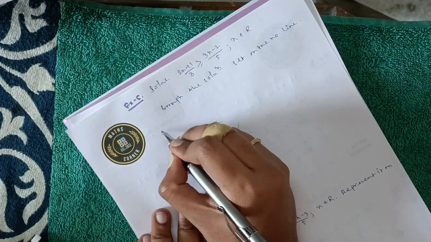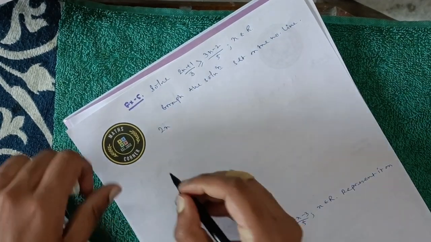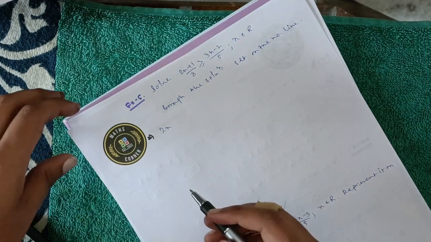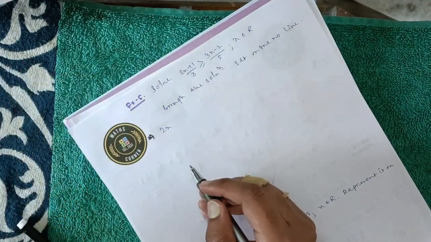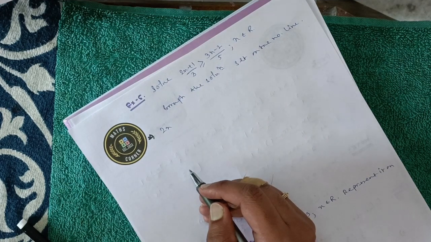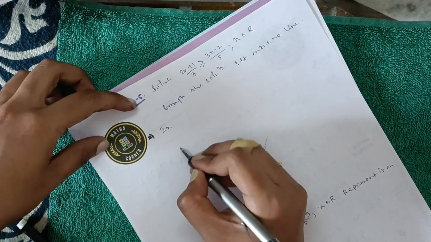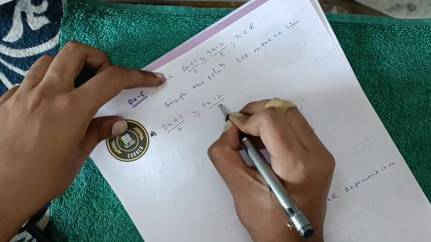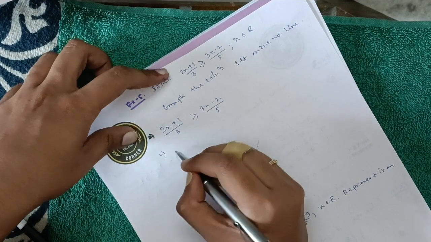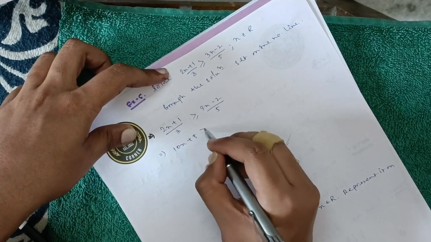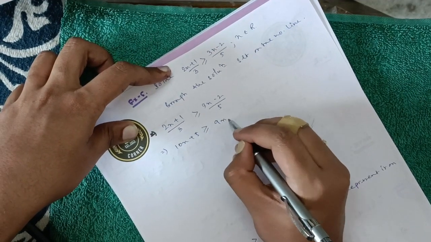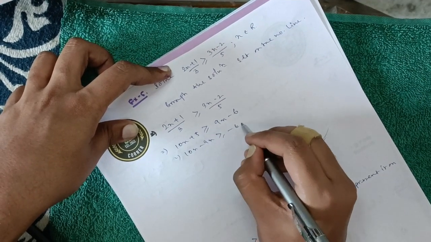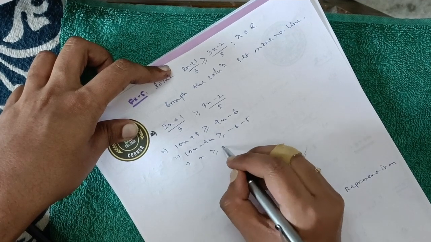Okay, so 2x, let me give these solutions. So 2x plus 1 by 3 equals 3x minus 2 by 5. Okay, so 10x plus 5, 9x minus 6, 10x minus 9x minus 6 minus 5, x is minus 11.